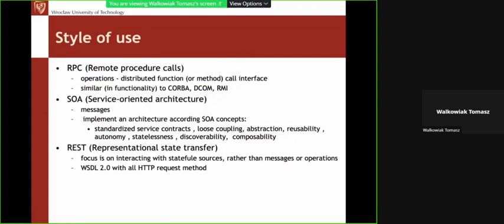What is important is that the usage of SOAP-based ideas could be done in three different ways. It could be something I was talking about last week, so remote procedure calls. It could be done in the style I was trying to describe, and you will notice techniques behind the ideas soon, I mean service-oriented architecture.